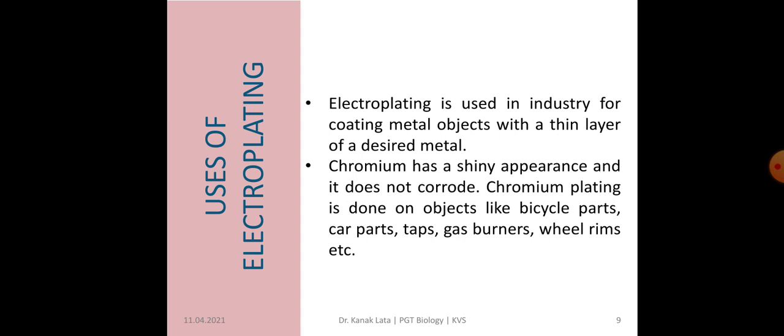We know that chromium has a very shiny appearance and does not corrode. It is a rustless metal. So chromium plating is done on objects made of iron, like bicycle parts, car parts, taps, gas burners, wheel rims, etc., so that rusting and corrosion may not occur.